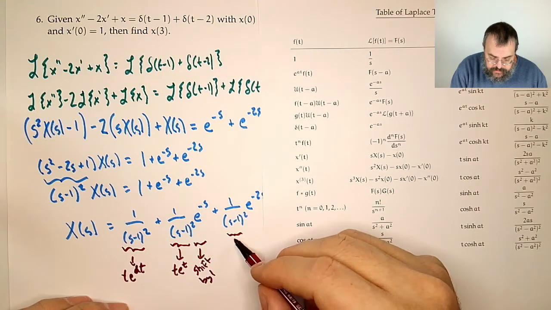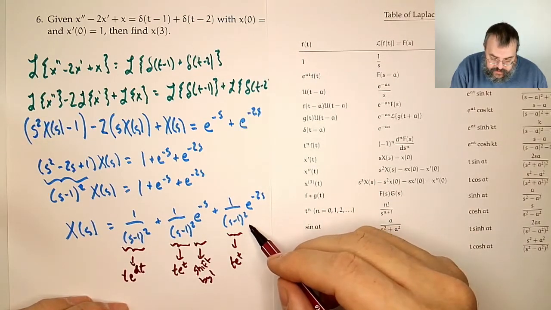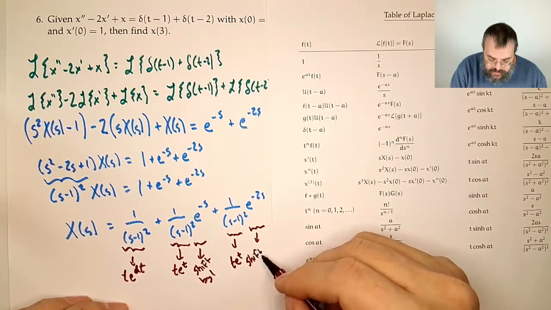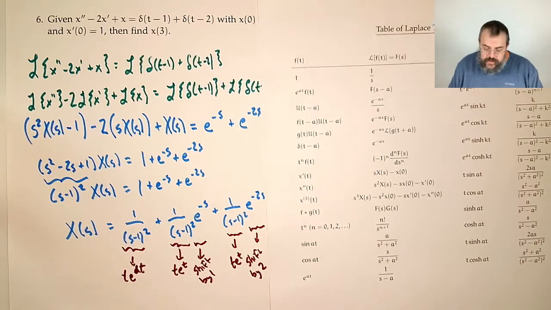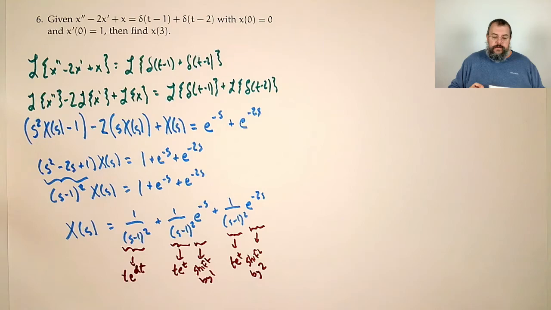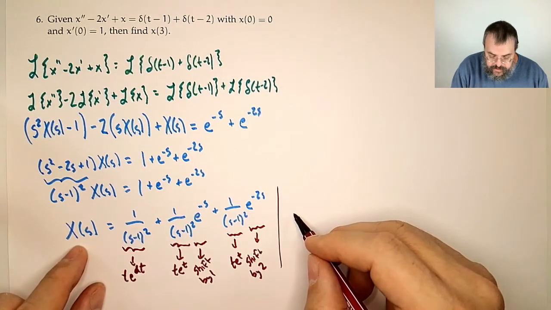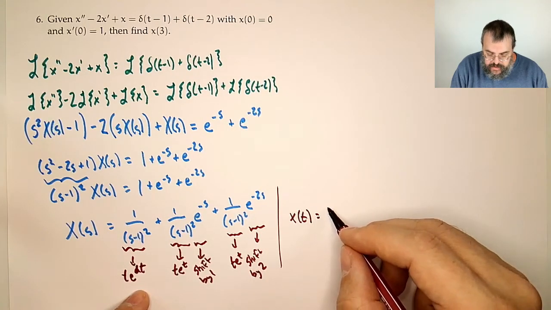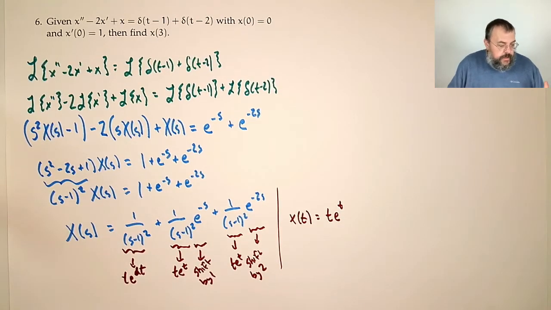And here you have the same function, t e to the t, and the e to the minus 2s says, oh, you need to shift by 2. So if we put this all together, what do we have? Taking the inverse Laplace transform, we get x of t would be t e to the t. All right, that's good.